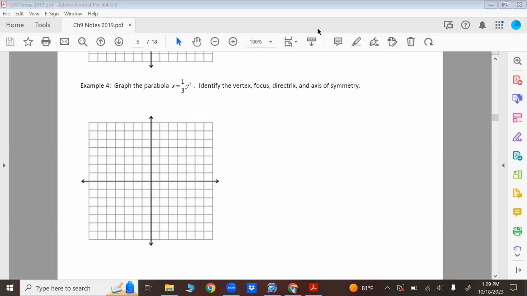All right, vertex. No, P is on the next. 0, 0. Right here. P is on the x. One thing I would do, guys, is remember our general formula is this: 4P.